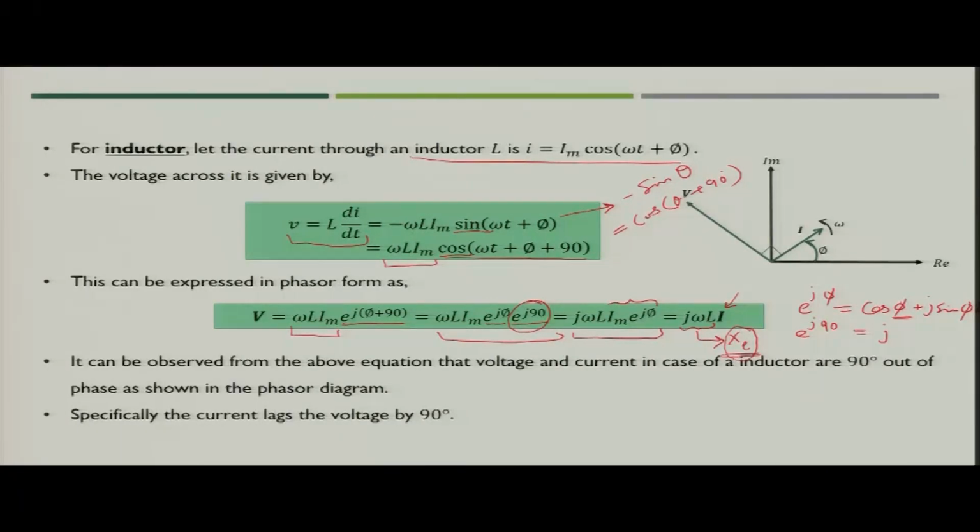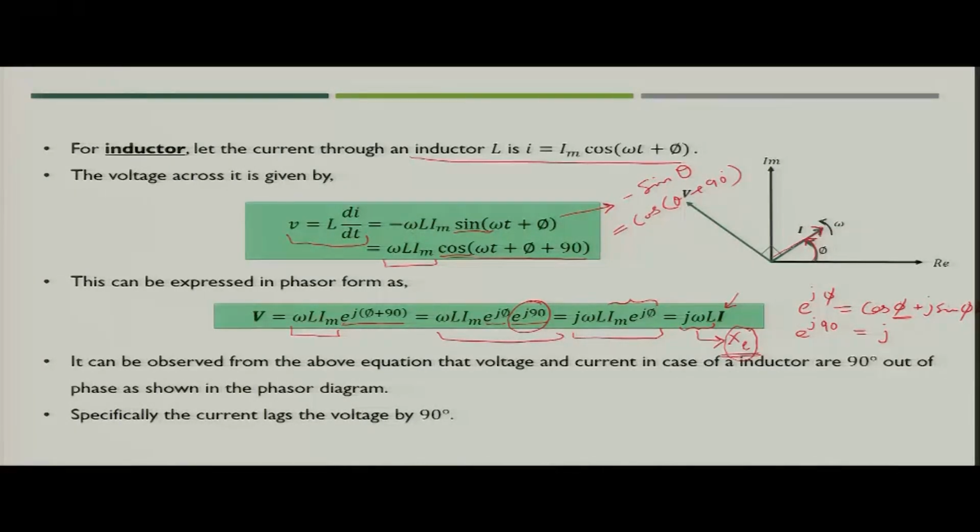Now, if you plot the current and voltage phasor on the plane, on the x axis you will have the real value, and on the y axis you will have the imaginary value. If you plot current, the phasor will be in one particular direction making phi angle from the real axis.